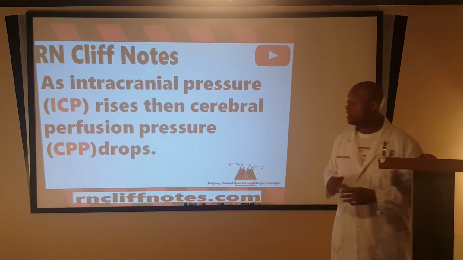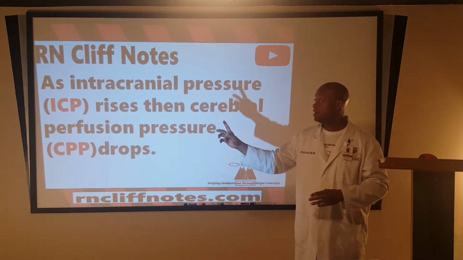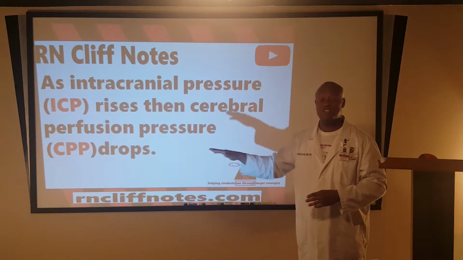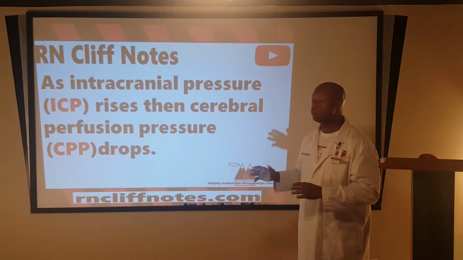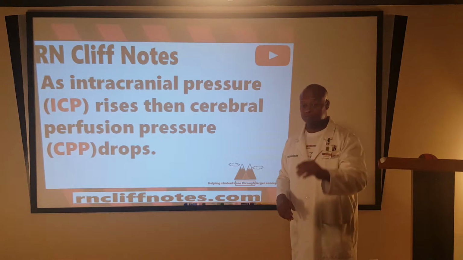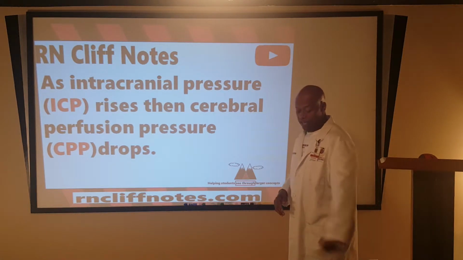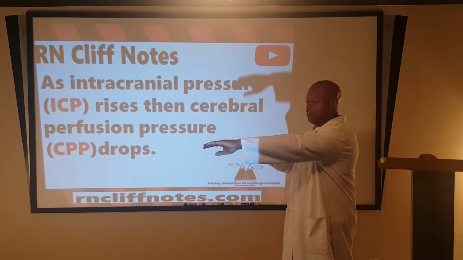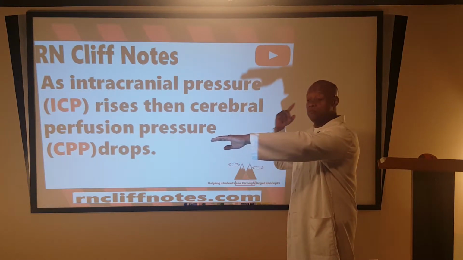Right? So now, as intracranial pressure, ICP, rises, then the cerebral perfusion pressure drops. So, let's pretend that my arm is a vessel. My arm is an artery going through the cerebrum.